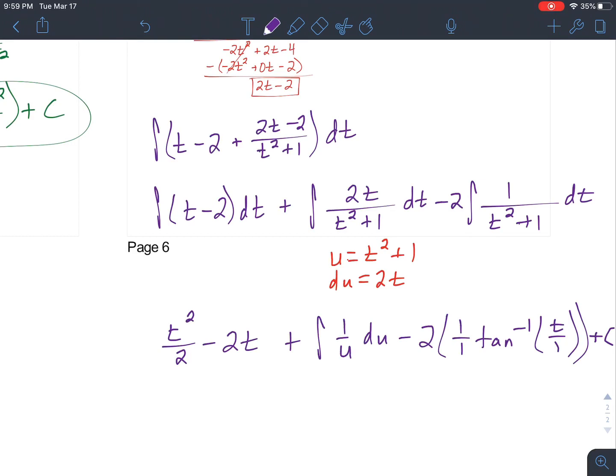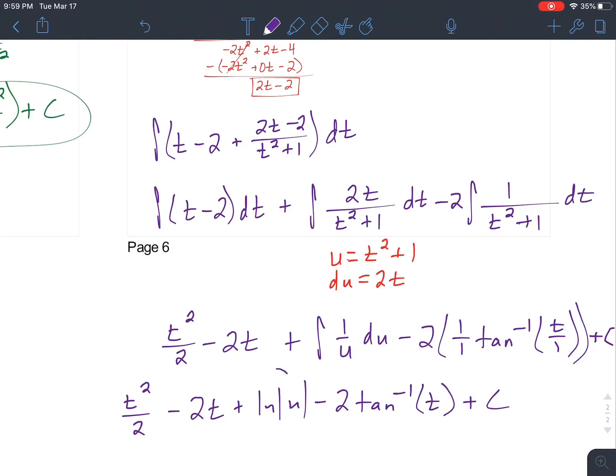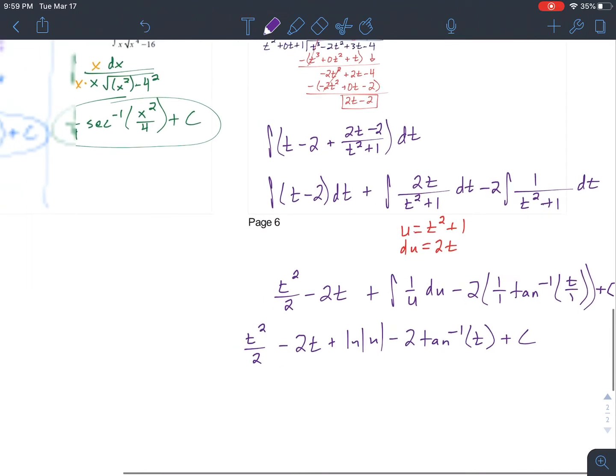Don't worry, we're almost done, I promise. So the first part, we keep t squared over 2 minus 2t. Then we're going to have natural log of u, and then we are going to get minus 2 arctangent of t plus c. And finally, the last step is we just need to replace that u that's in the natural log.